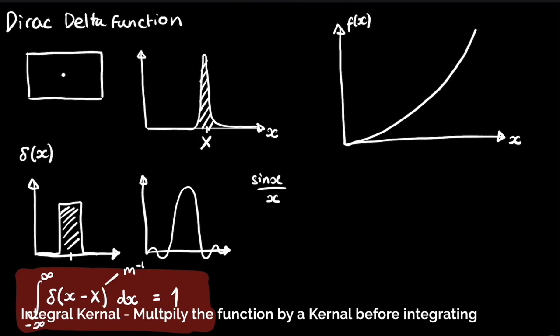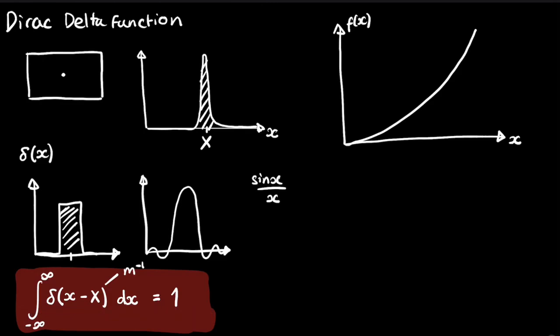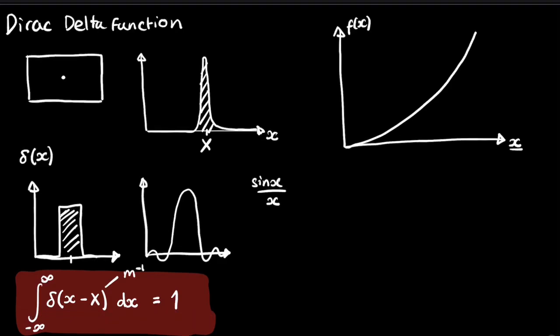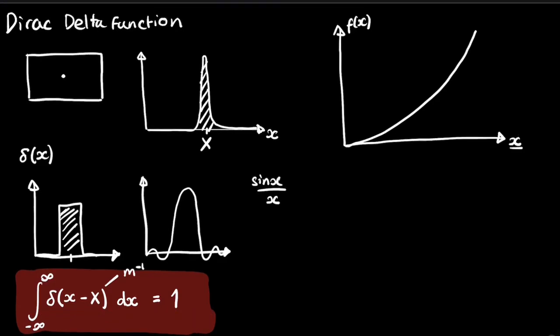And what this delta function will do is pull out the value of x at which the delta function diverges to infinity.